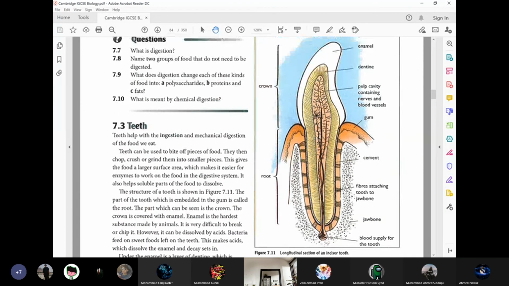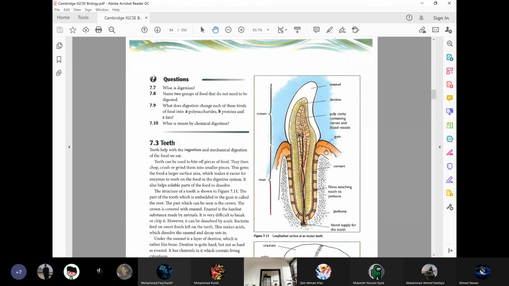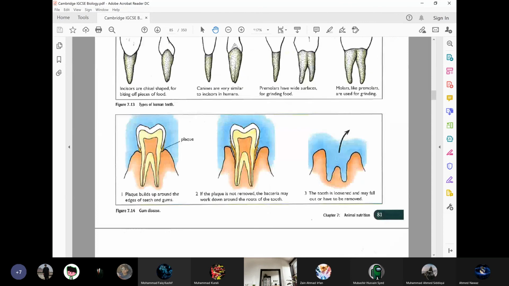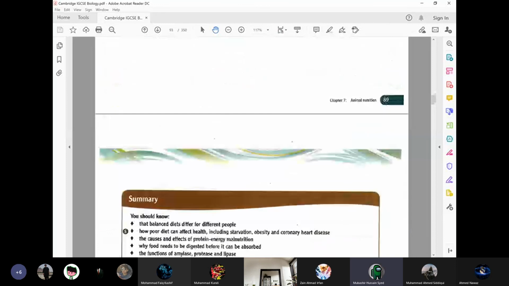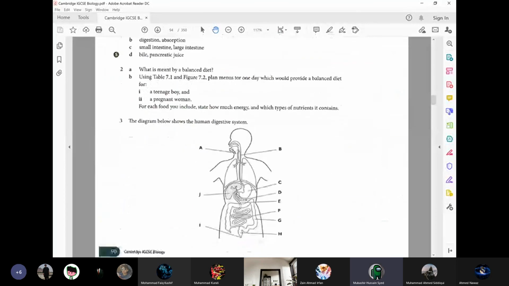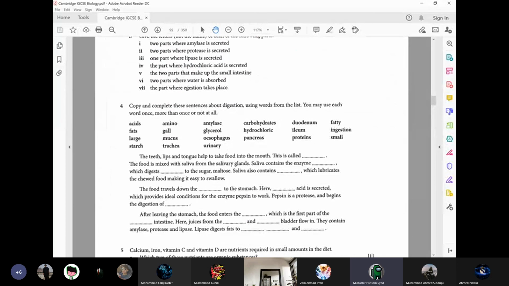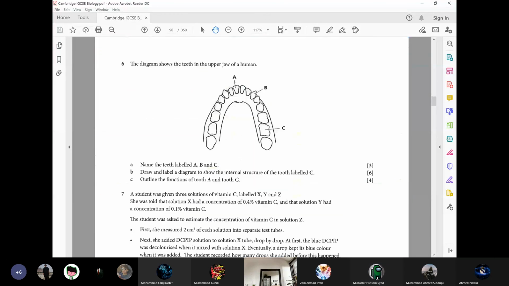Do you guys remember? So simply draw this diagram and label it exactly the same way. But sir, that label was an incisor, so we'll have to change the shape, right? Yes, only change the shape. Everything else will be exactly the same.